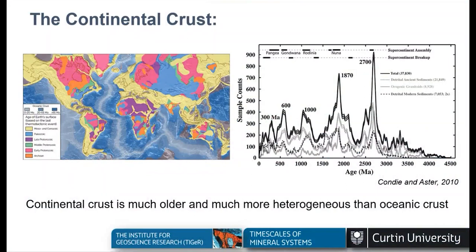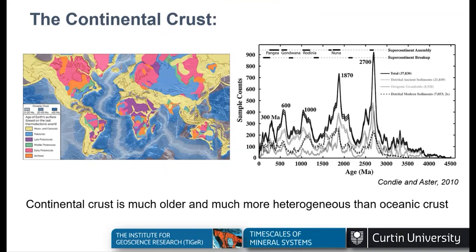And when you compile databases of things like the age of zircons formed in granites and orogens, you see that there's a huge amount of heterogeneity. There's not a lot of material preserved from the Archean, but there are periods in Earth history where there's much more material preserved. People have speculated about what exactly that means.